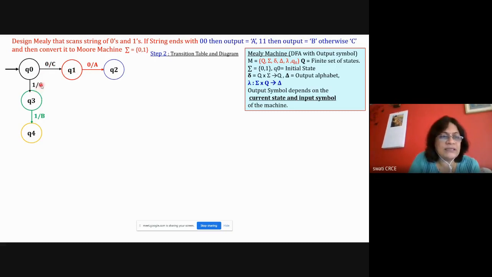Or we say that if the machine is in state Q3 and the input is 1, the output is B and the next state is Q4. The next state is given by the delta function, and this B is the output symbol, which depends on the input symbol and the state.